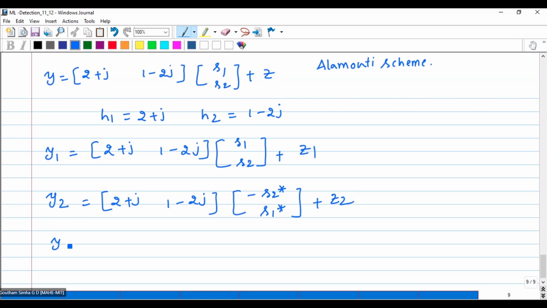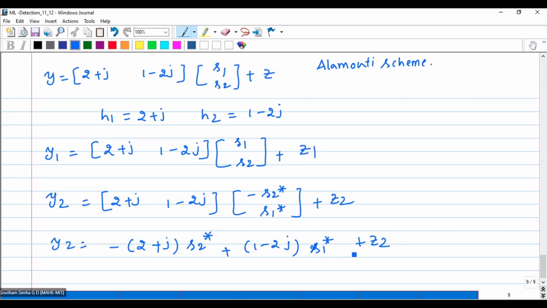So y2 is equal to minus of 2 plus j into S2 conjugate plus 1 minus 2j into S1 conjugate plus Z2.